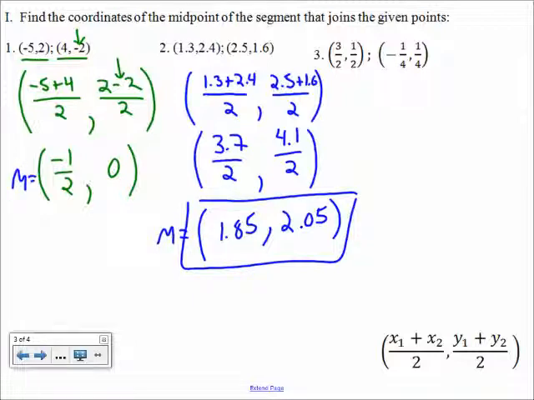And the last one will be 3/2 minus 1/4 over 2, and 1/2 plus 1/4 over 2.